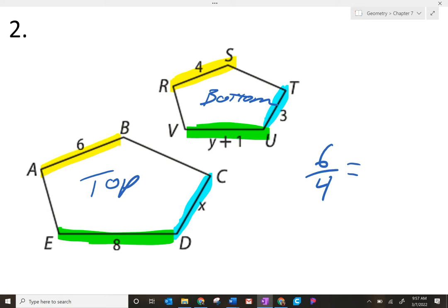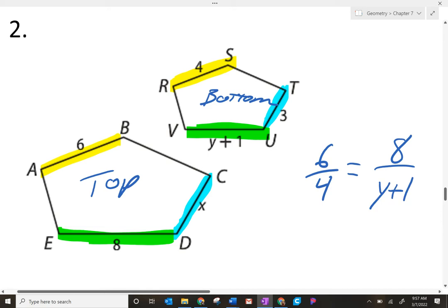What will my top number be? 8. Make sure this one goes in the top. I labeled it with top and bottom so I know which side of the fraction I'm going to put it. I'm going to put 8 on the top. What am I going to put on the bottom? Y plus 1. Fantastic.